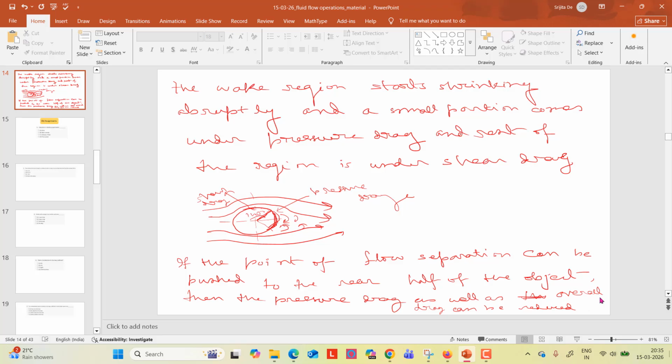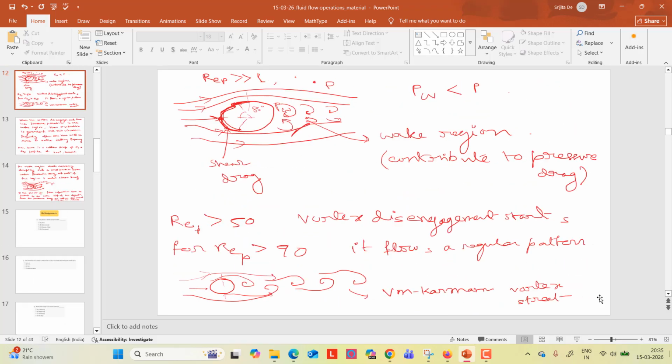Because in the earlier case you have seen that flow separation happens at an 85 degree angle. From here only the flow separation happens and it leads to a chaotic region or eddies, von Karman vortex shedding.